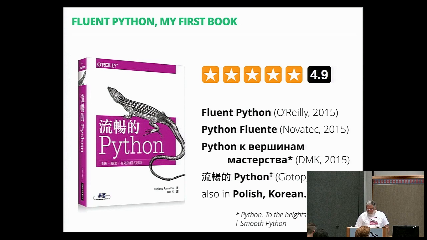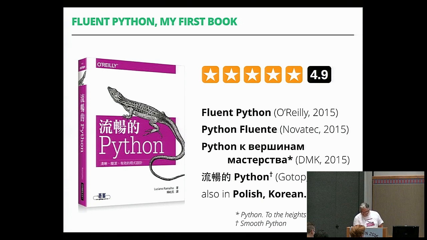And I'm the author of this book, and I'm really happy because not only is it selling well, which is nice, but even better, people seem to like it. It has very good reviews, and it's been translated to several different languages.